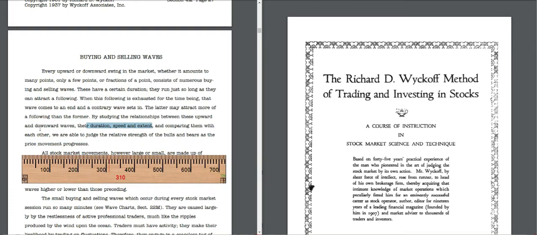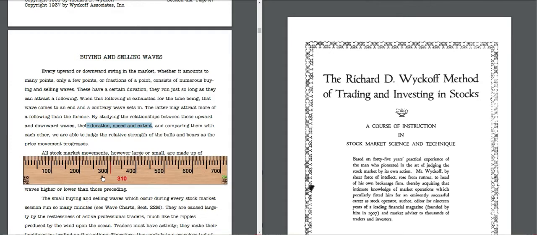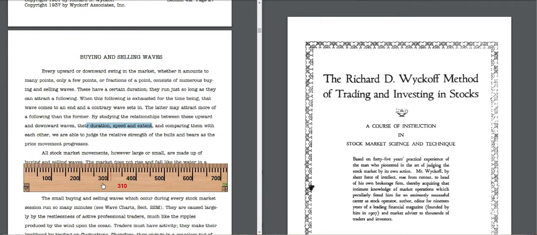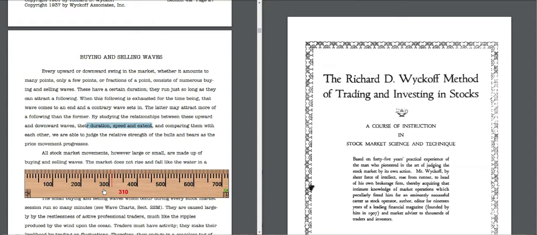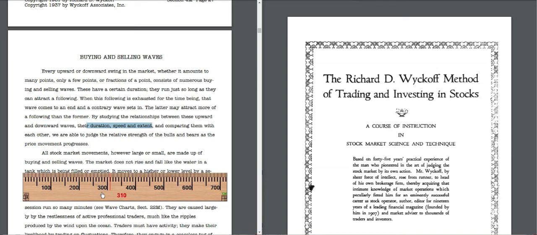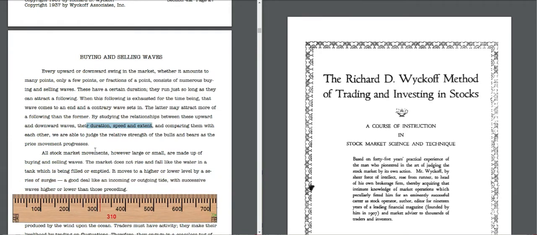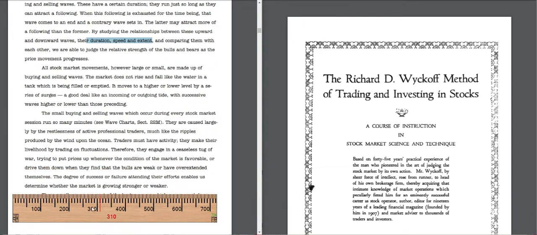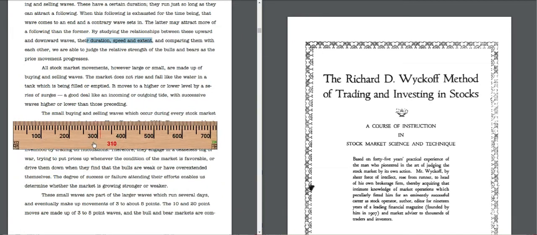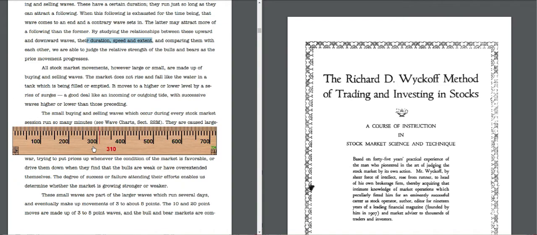He hasn't mentioned volume yet. As all market movements, however large or small, are made up of buying and selling waves, the market does not rise and fall like water in a tank. It moves by a sequence of waves. All right, the small buying selling waves which occur in every stock market session run so many minutes.